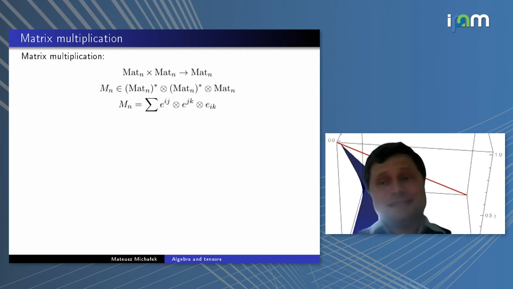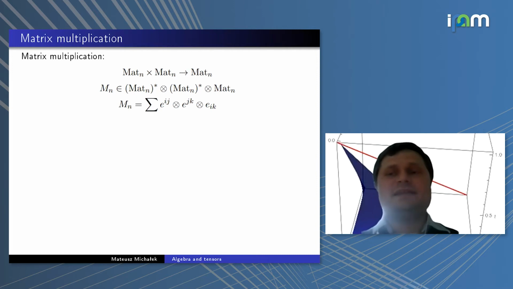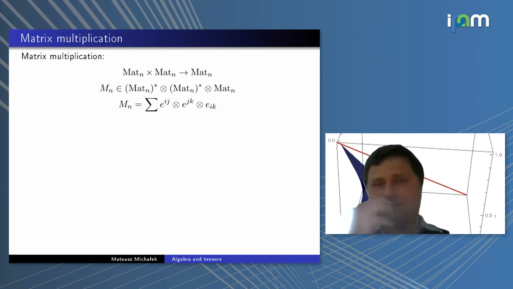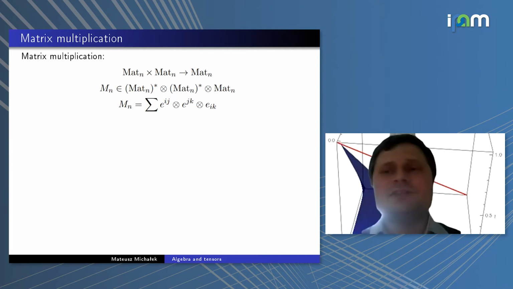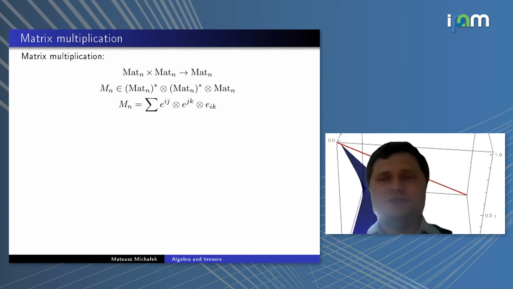If you would like to see the same tensor interpreted as tensor products of vectors, well, there is a natural basis for n by n matrices. e_ij is just a matrix that has one on the entry ij and zero otherwise.